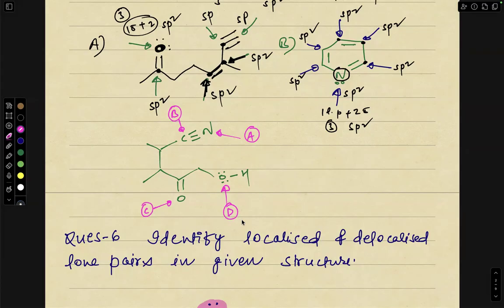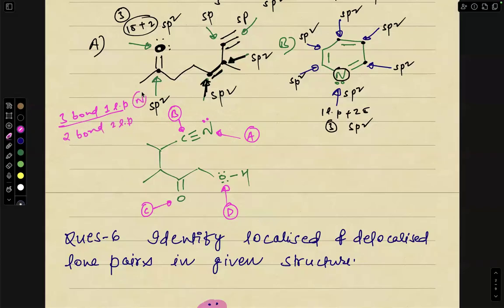And one more thing, you should know how many lone pair on any atom. Nitrogen can form 3 bond and 1 lone pair. Oxygen can have 2 bond and 2 lone pair.